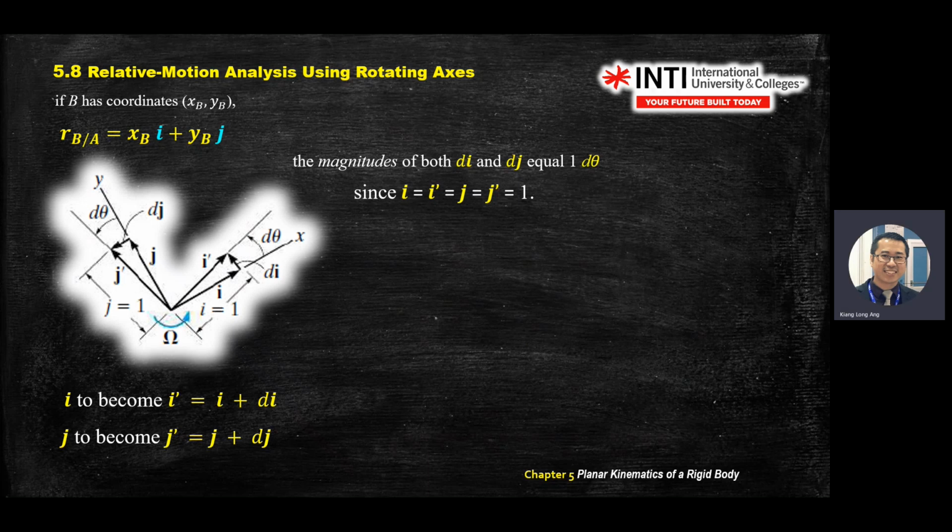So here it is also the same. The magnitude of both di and dj will equal 1 times d theta, because the length of I and I prime is so similar that we can write it as 1.